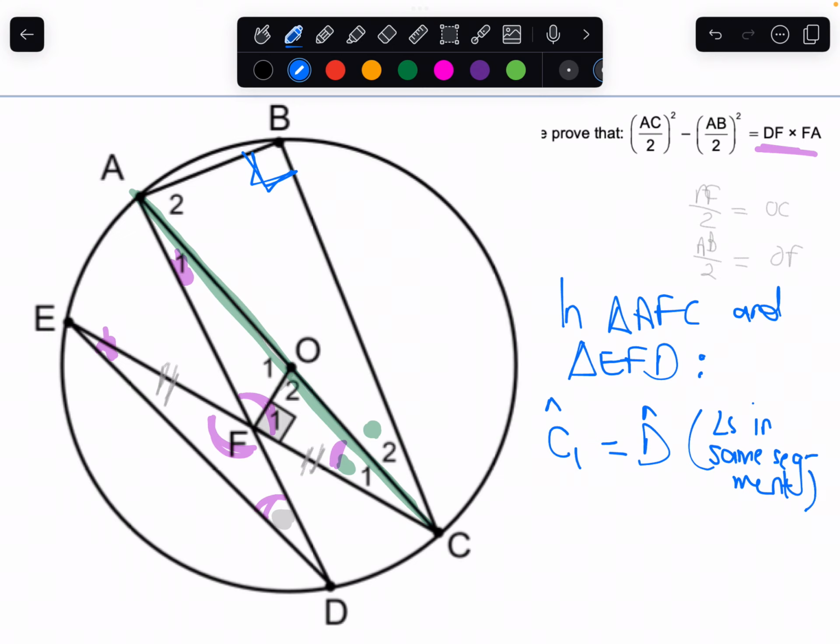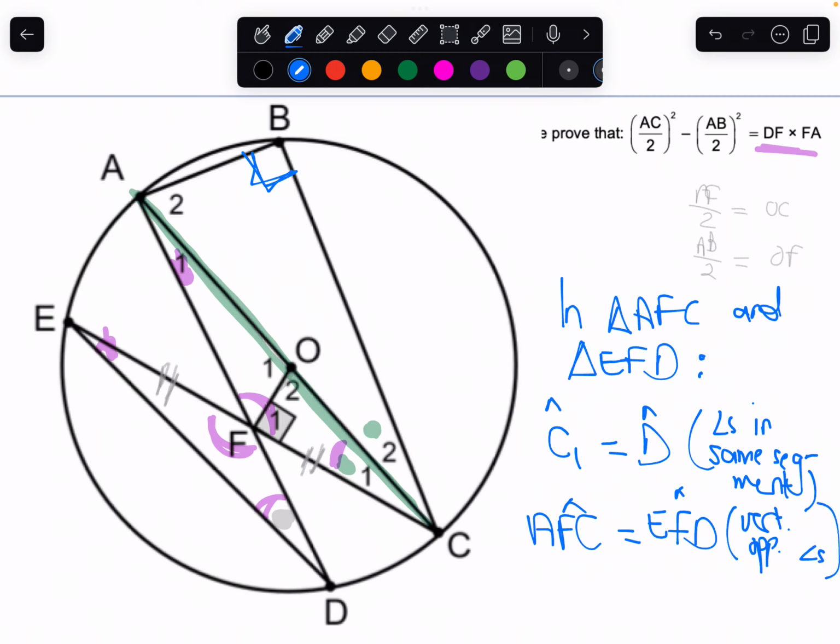And then we know that angle AFC, so this guy, is equal to angle EFD because they are vertically opposite.